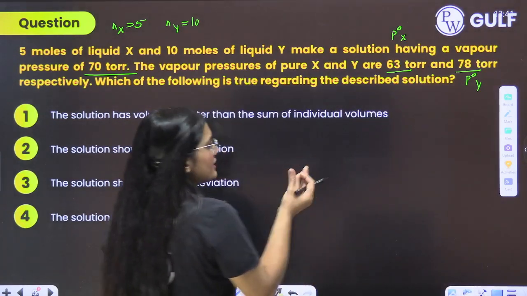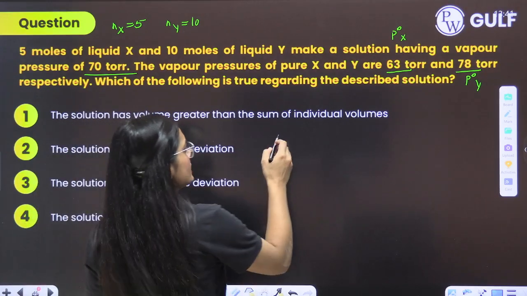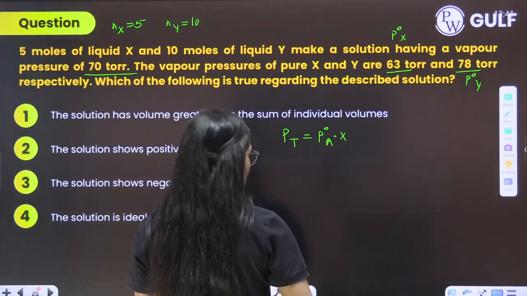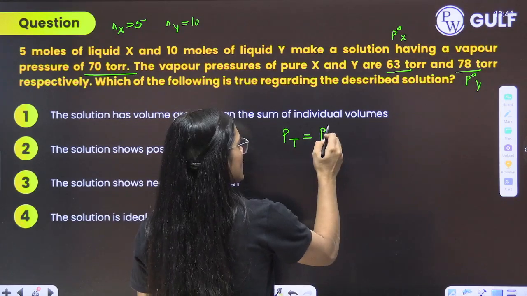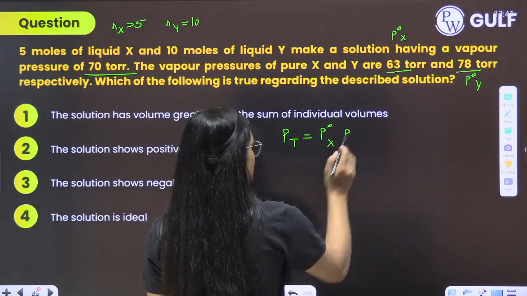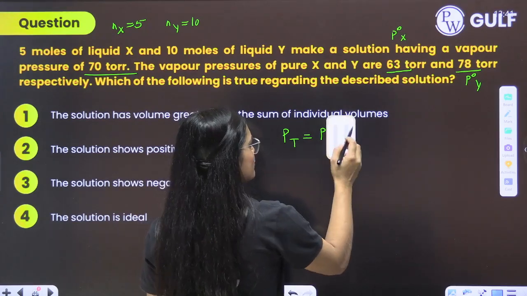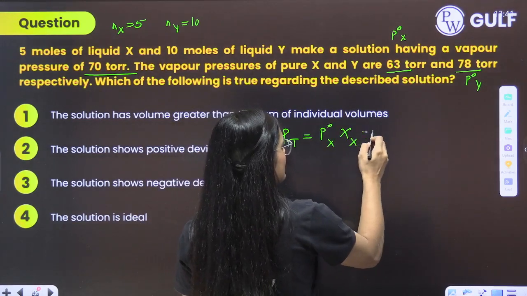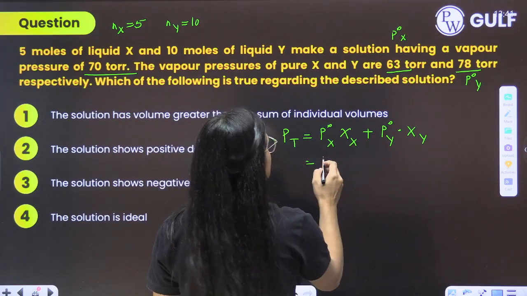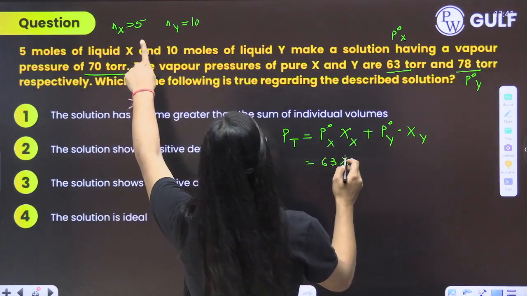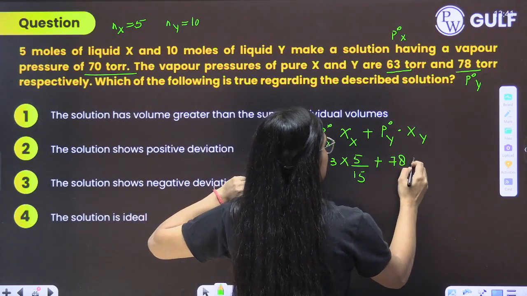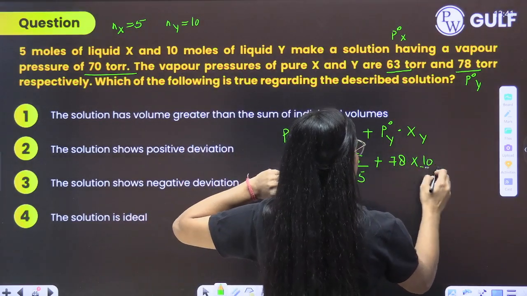So for that you should find out the theoretical vapor pressure. And theoretical pressure according to Raoult's law can be calculated as P naught of X into the mole fraction of X plus P naught of Y into the mole fraction of Y. Beta, P naught of X is 63 and the mole fraction of X can be calculated as 5 upon total moles, which is 15, plus P naught of Y, which is 78, into the mole fraction of Y, 10 upon 15.